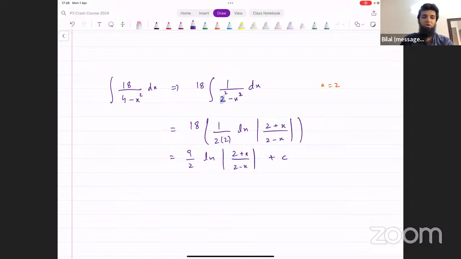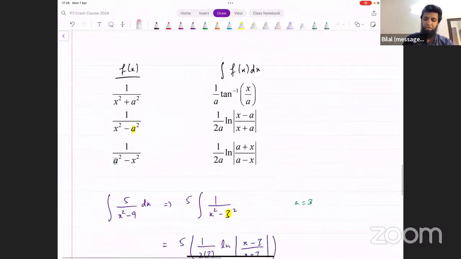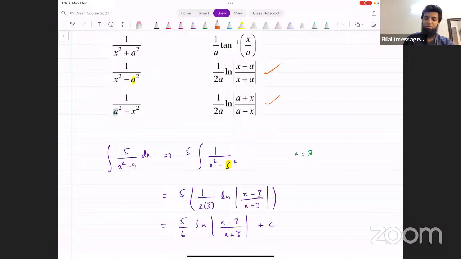If it's not 1, you would make it 1. So all those other rules that we had for tan inverse still apply here. Instead of having a plus sign, we have a minus sign. If we have a minus sign, then we use this or this rule. Is that okay?